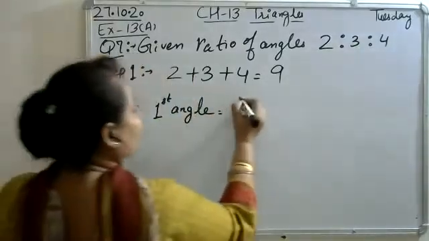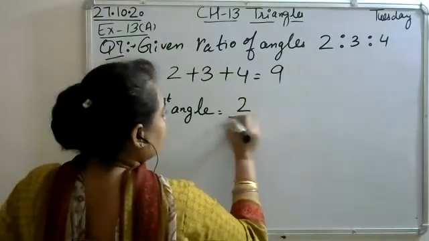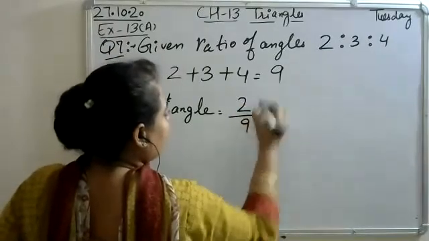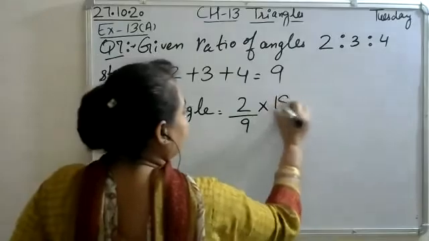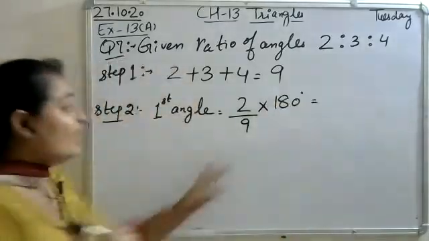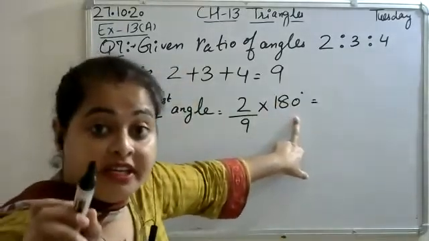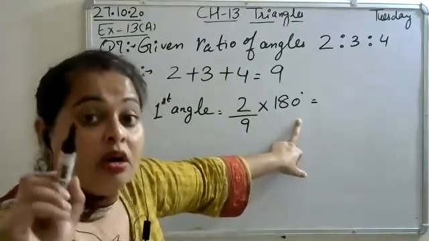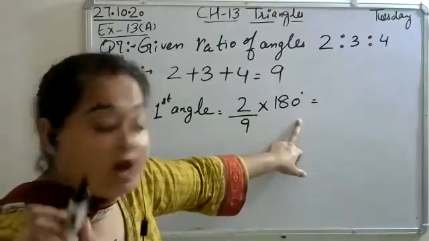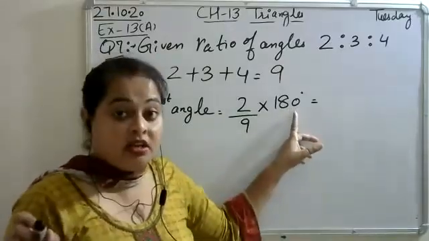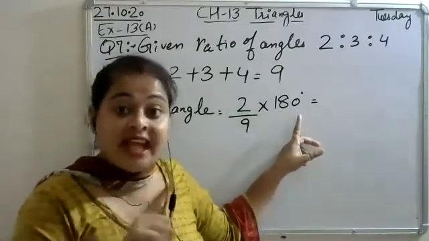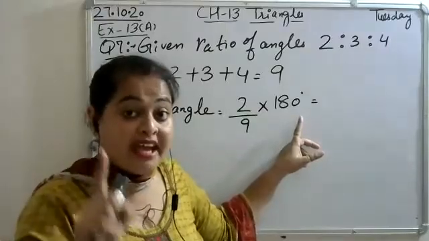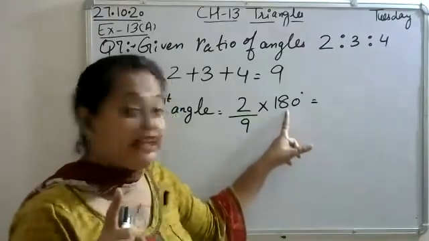So here you will write 2 divided by 9 multiplied by 180 degree. Always multiplication with 180 degree. Why? Because in a triangle, all the 3 angles sum is equal to 180 degree. Not multiply with any other number. Always multiplication with 180 degree.